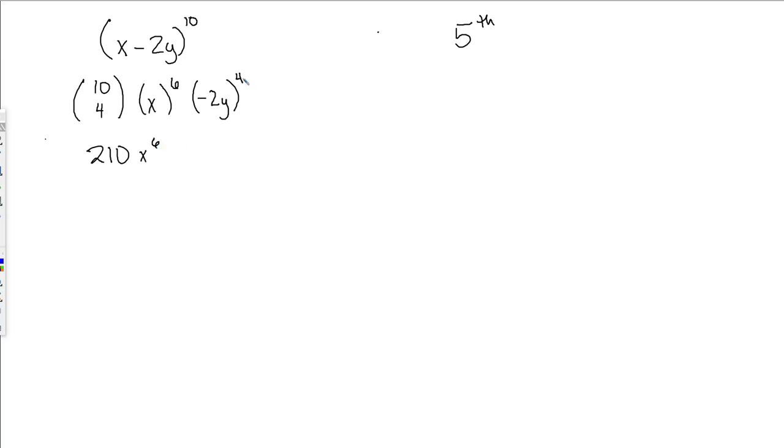X to the 6th. Negative 2 to the 4th power is what number? Negative 2 times itself 4 times. Is it going to be positive or negative? Negative, positive, negative, positive. It's a positive 16, y to the 4th.